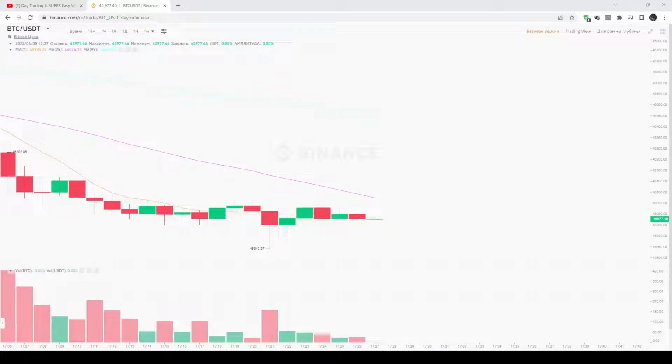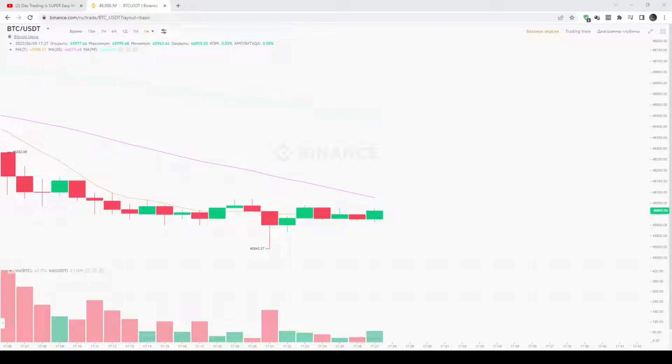This concept remains valid throughout the trading day during the European session and even in the first part of the New York session.